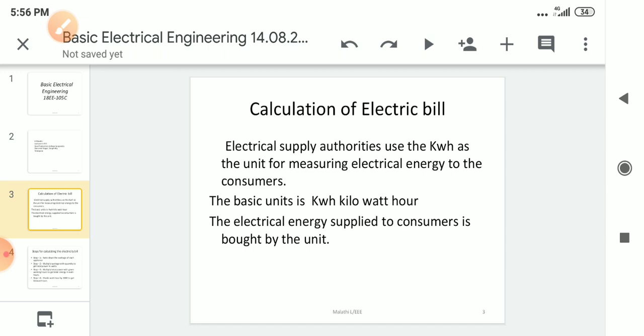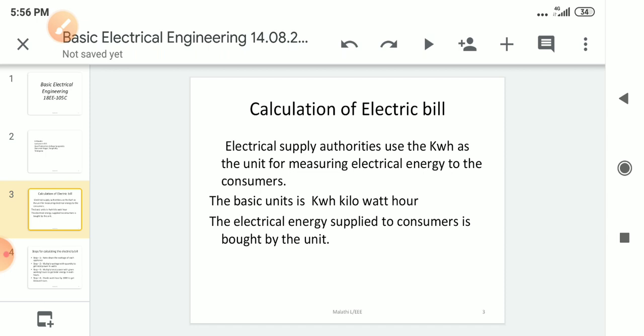Kilowatt hour is the amount of energy consumed by an electrical device that is rated at 1 kilowatt for 1 hour it is working. Depending upon that period of time, we are able to know how much kilowatt hour is required.